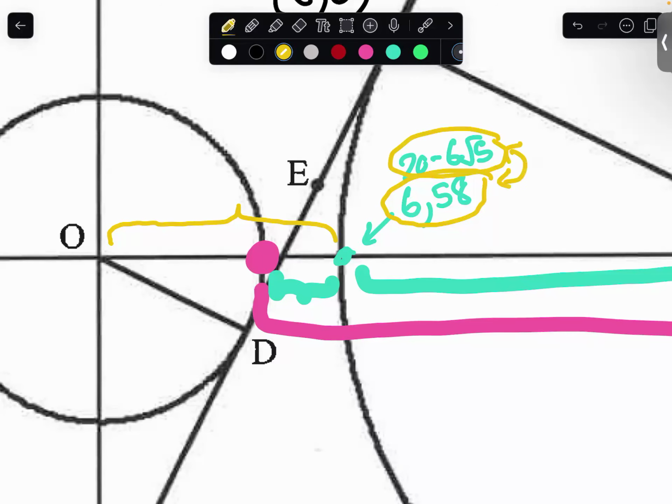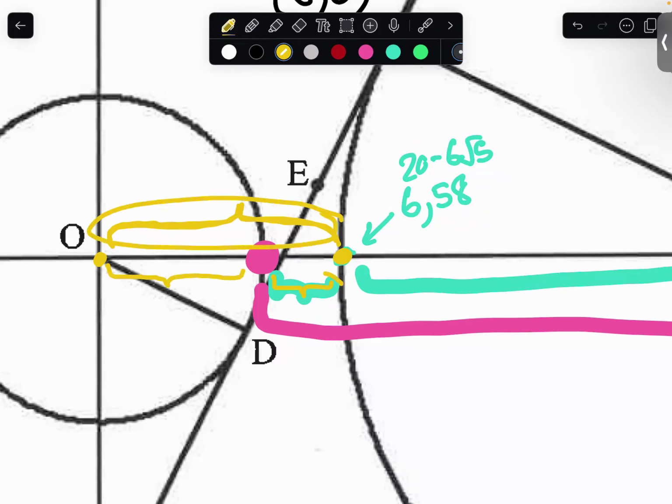Remember, these two things are the same thing, right? One is just in surd form and one is in decimal form. So I know, because this is the x-intercept of the bigger circle, the distance from 0 to there is 6.58. And so to get this small part, I'm just going to subtract the length of the radius of the smaller circle from this big part to get this small part.